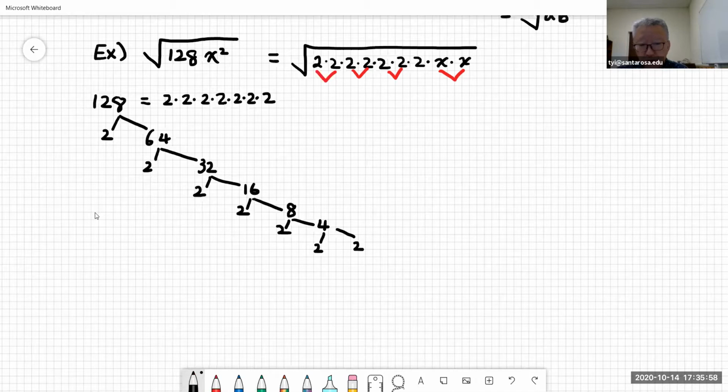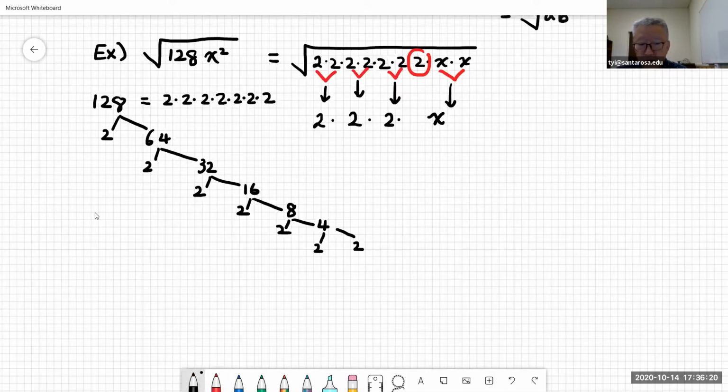So you've got 2, that one, that one, and that one, and that one. And the only thing that remains inside the radical is going to be one of these 2.